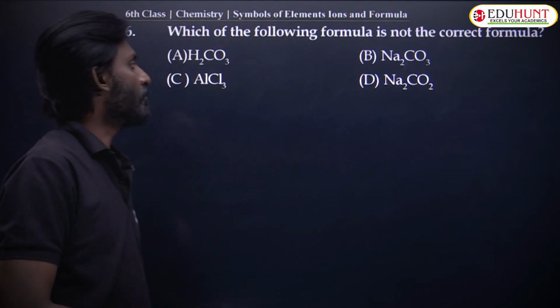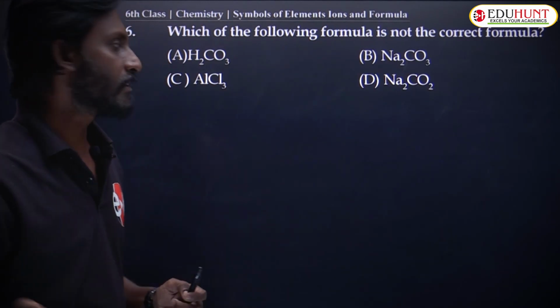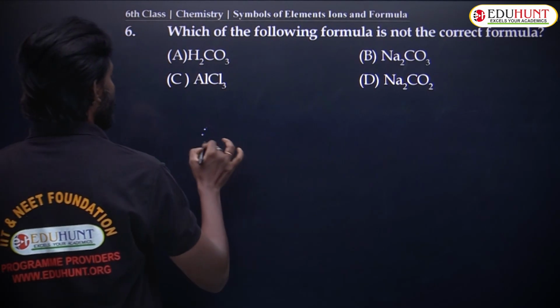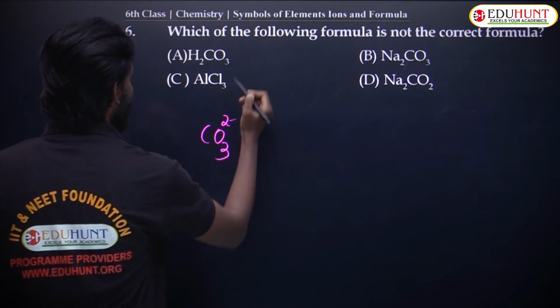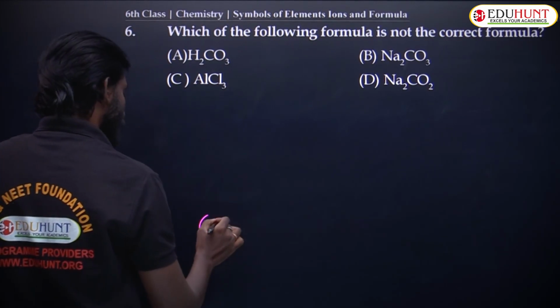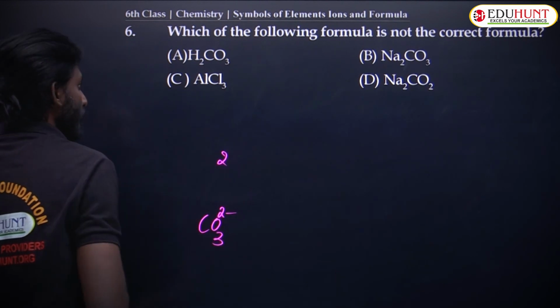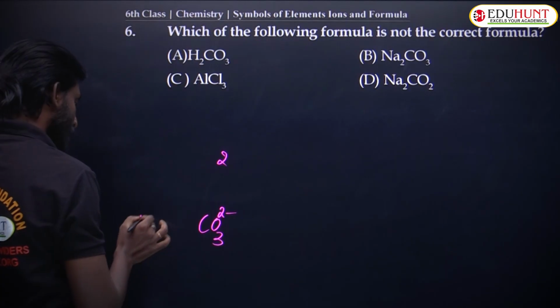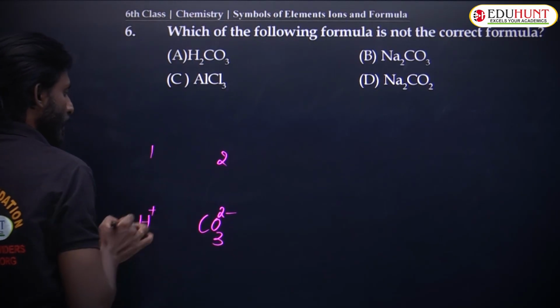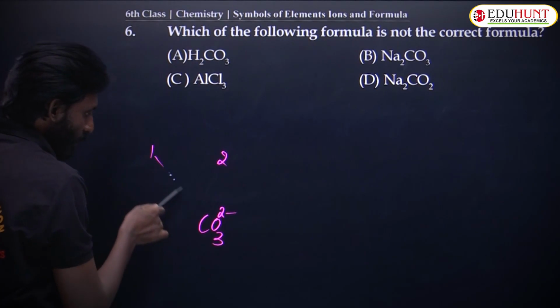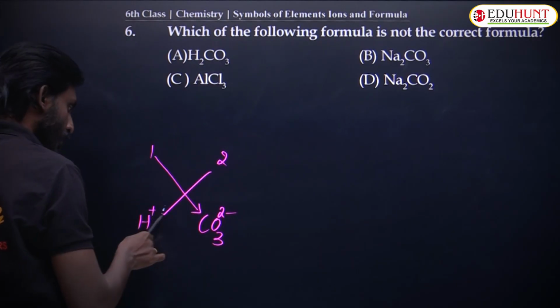Next, which of the following is not the correct formula? Again, same kind of question. CO3 2 negative. So how many units of charge? 2 units of charge. Hydrogen is H plus. How many units of charge? Okay, so that means you need to take 1 carbonate and 2 hydrogen.